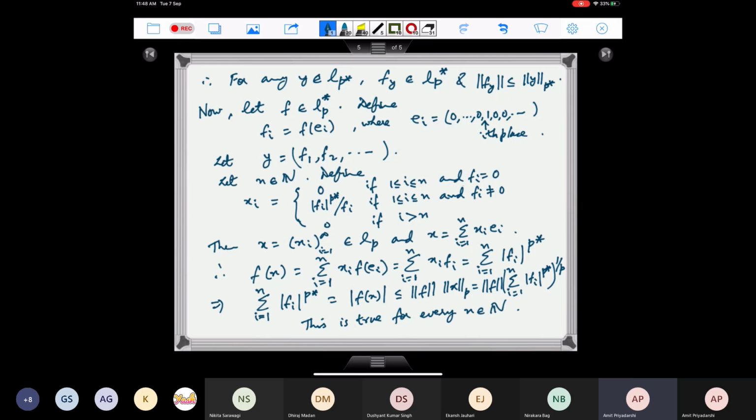So that will be mod fi to the power p star minus 1, and then you take to the power p, and then you use that 1 by p star plus 1 by p is equal to 1, to see that mod xi to the power p is nothing but mod fi to the power p star. So we get this. So this is true for every n.